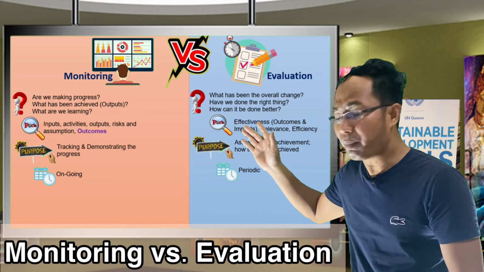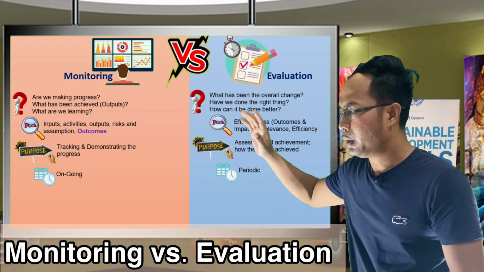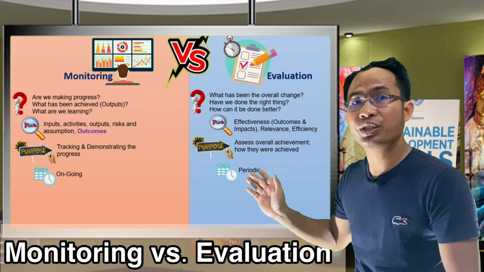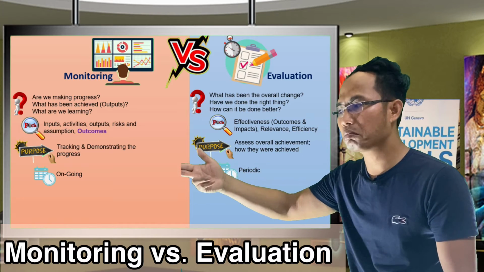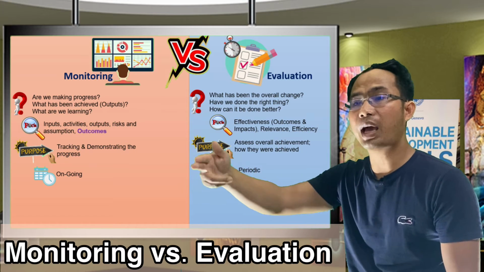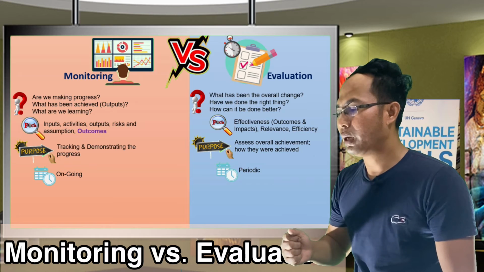And some organizations might conduct a regular, quarterly evaluation with their final beneficiaries. They go down to the field and collect data that responds to their outcome indicators.